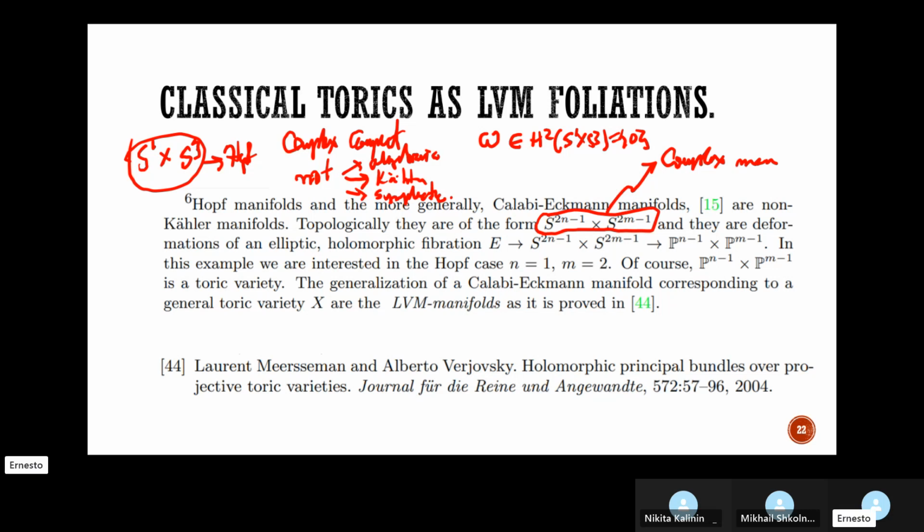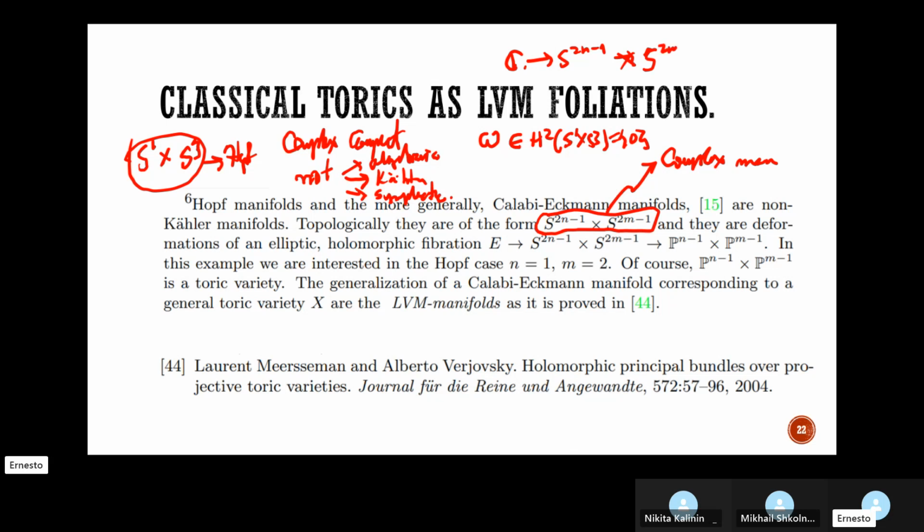But they have this elliptic fibration. It's an elliptic holomorphic fibration, and they live above toric varieties. And then you would have the same story. If I perturb this fibration a little bit, then I get a foliation depending on a parameter.